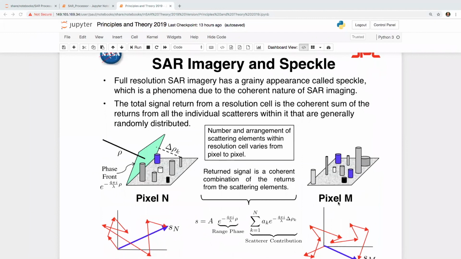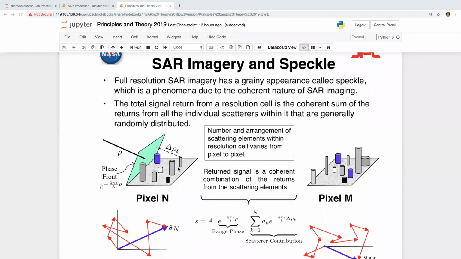This is a coherent system, and remember we're worried about phase here. For each point on the ground, this electromagnetic wave comes in and scatters off all the elemental scatterers within that element. Each one has its own distance to a reference surface, and its own backscatter amplitude, because they're different things: trees, buildings, cars, people, whatever.